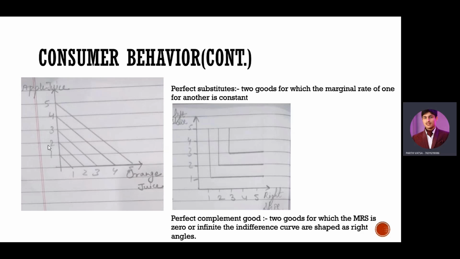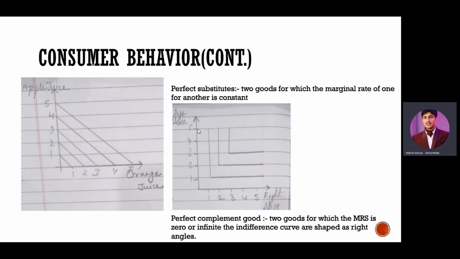Okay. Now coming to the shoe concept. This concept is basically of perfect complement goods. Here two goods for which MRS is 0 or infinity. The indifference curve is shaped as a right angle.